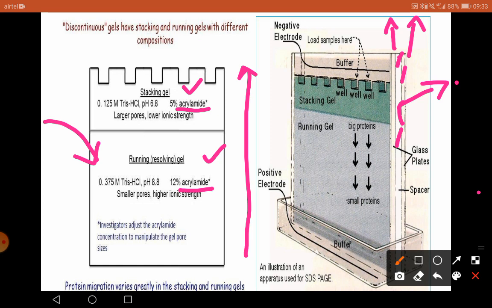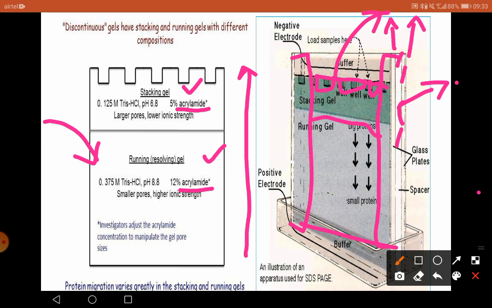It will be there till here only. The remaining part will be a cavity, a space. In this space we pour the running gel or separating gel and the stacking gel. After this we place the comb. After the gel settles and solidifies, we remove the comb so that the wells are formed.